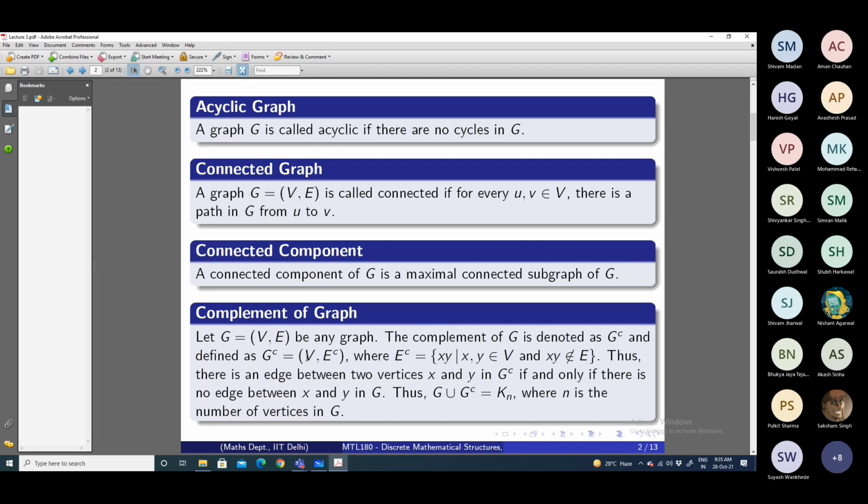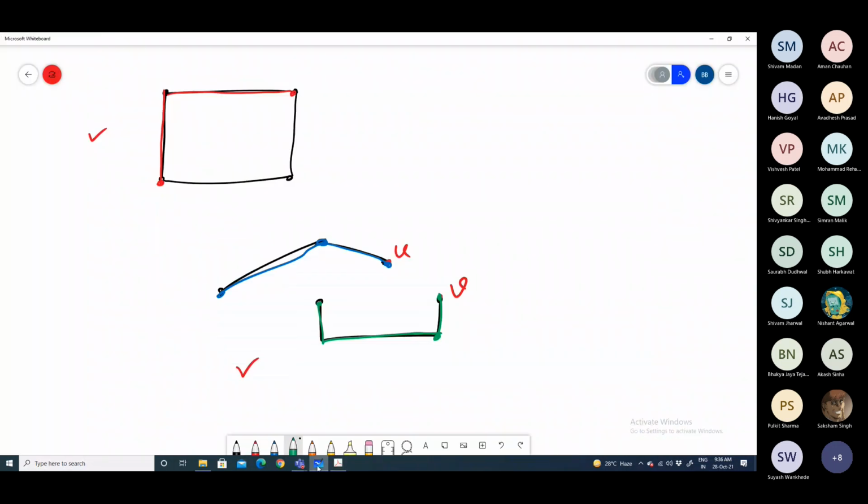The vertex set will be the same as V, but the edge set will be the complement of E, that is, all those edges which are not in G. Therefore there is an edge between two vertices U, V in G complement if and only if there is no edge between U and V in G. And if you take the union of G and G complement, you get the complete graph on n vertices. Let us see an example.